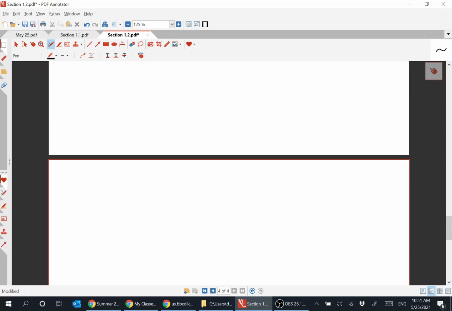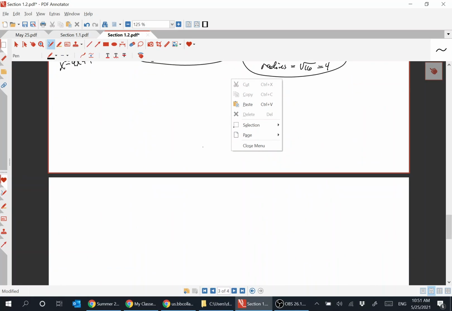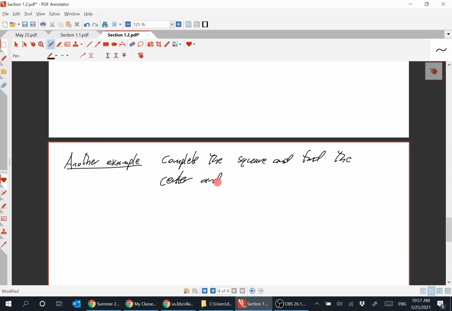So another example. Complete the square and find the center and radius for this circle.